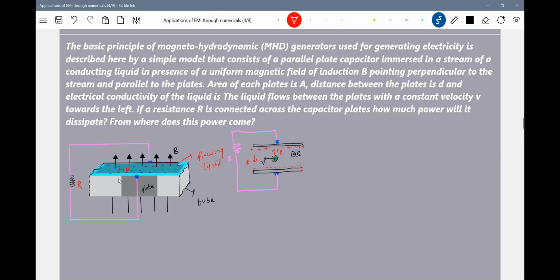So finally, what we can write: FB equals QE. FB is QVB, and this is QE. Because of this, a potential difference is set up.